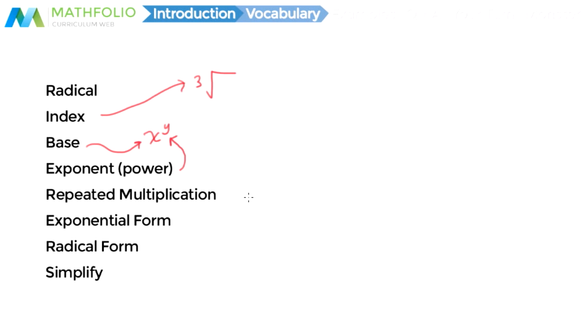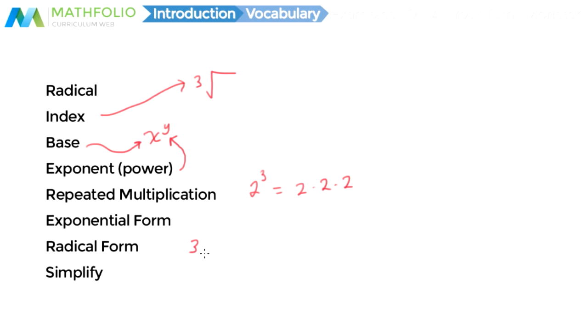Repeated multiplication refers to exactly what exponents are doing. So 2 to the 3rd power is actually 2 times 2 times 2. So it's repeating the multiplication of 2 by itself 3 times. Exponential form is when we leave an answer with exponents. So if I said what's 2 times 2 times 2, you could say, well, it's 2 to the 3rd power. Radical form is just as we simplified some of the other things.